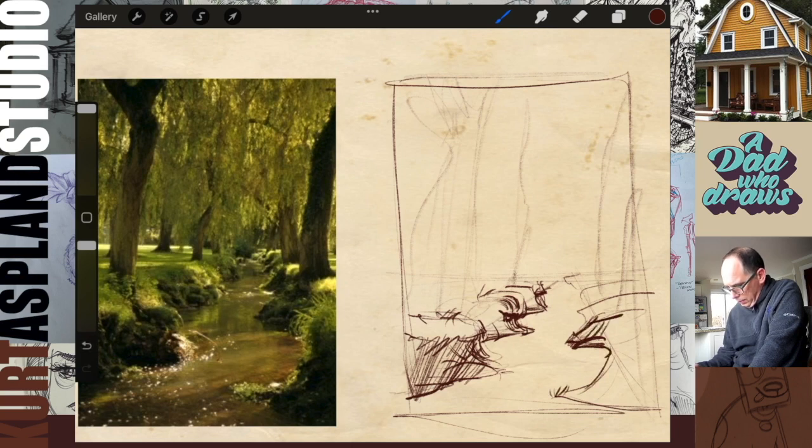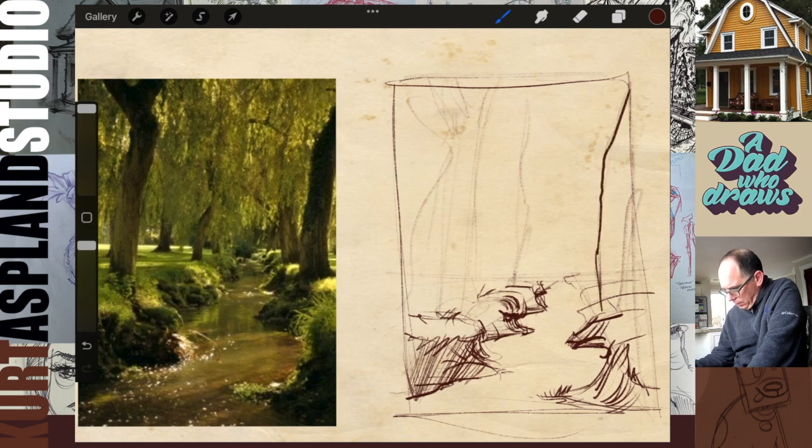Got some grasses here. Let's group them together and then surface lines. All right, got some trees here. I think next week we're going to talk all about tree roots. And we'll do some more.